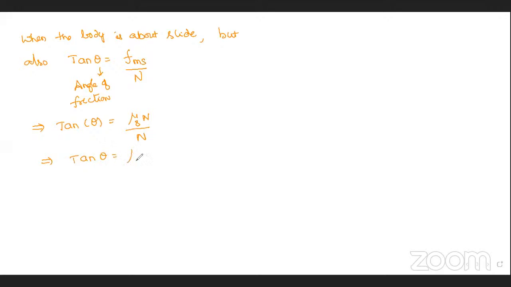Tan theta is equal to mu s. Is it right or not? Yes. So in a problem, suppose they give the angle of friction, it is very easy to find out the mu s value. That's what I'm saying. Understood? That's why keep it as a shortcut in mind. Angle of friction is given means mu s value is given.